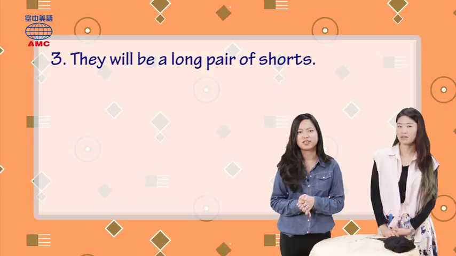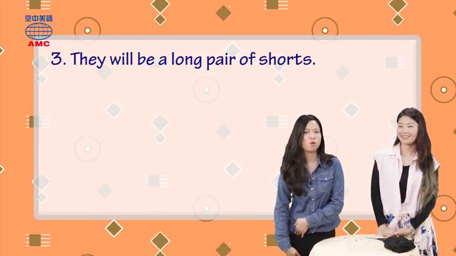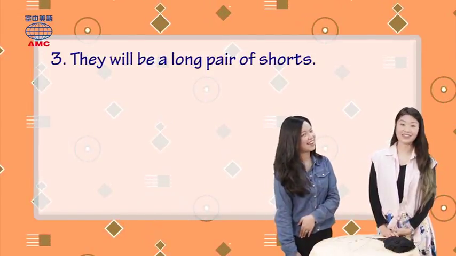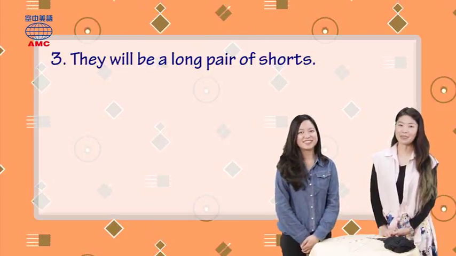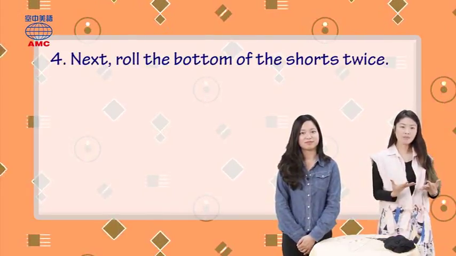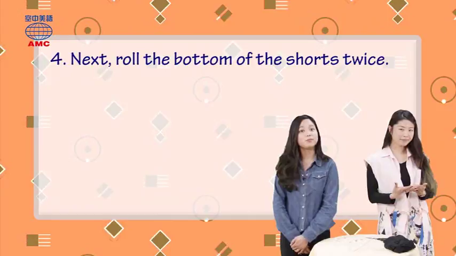It looks like it'll be a very long pair of shorts. I like my shorts shorter, so my legs look longer. True. Well, our fourth step tells us next, roll the bottom of the shorts twice.